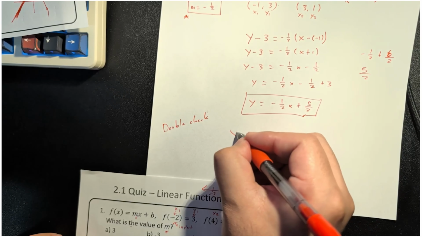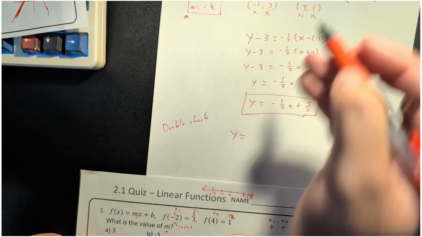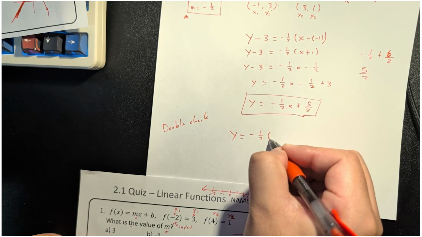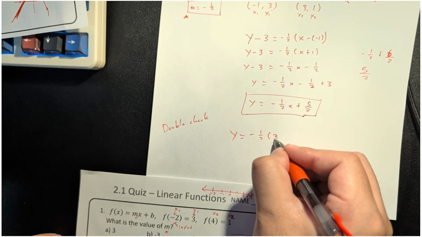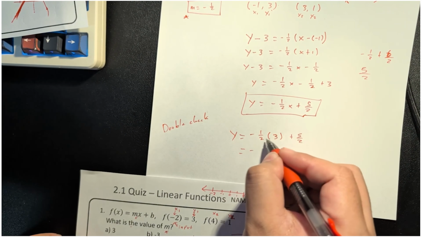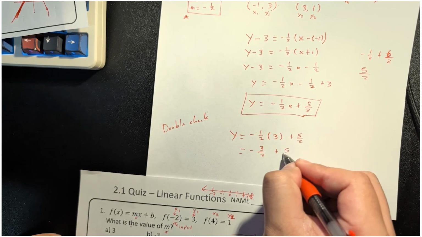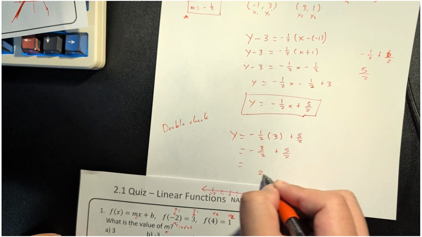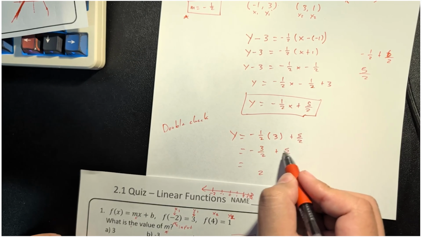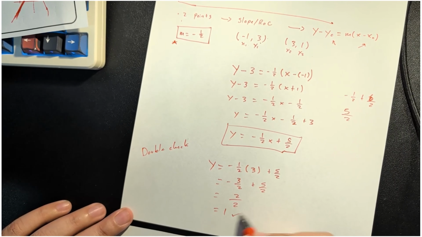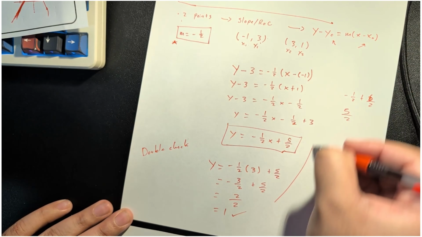So if I plug in the other value, -1/2 times 3 plus 5/2, I should be getting 1 if I did my calculations correctly. So you just multiply to the top, so we'll have -3/2 plus 5/2. Since they have the same denominator, it will just be -3 plus 5, so 2 over 2. Good. So I got y equals 1. That goes with this one up here.